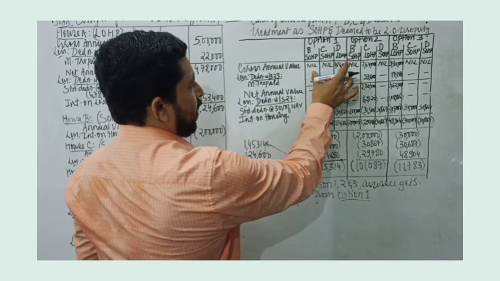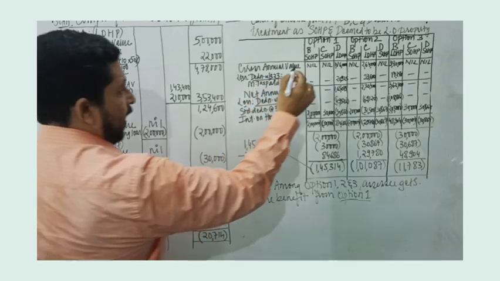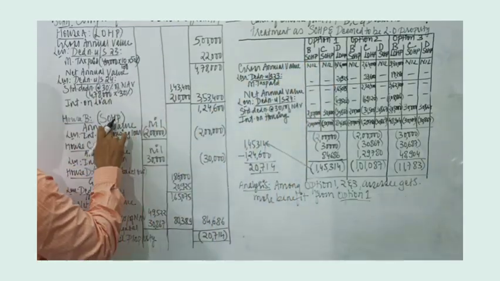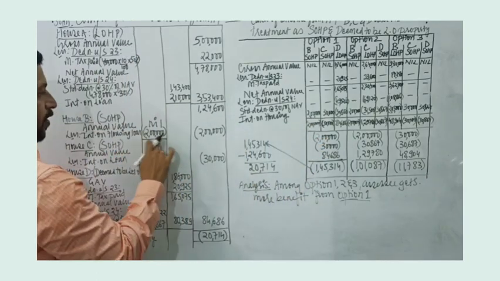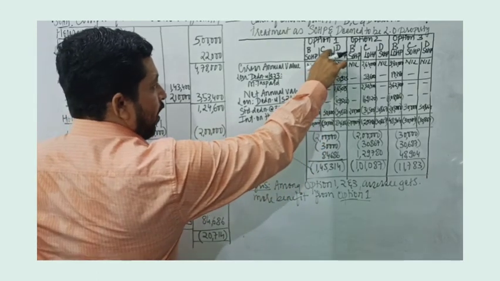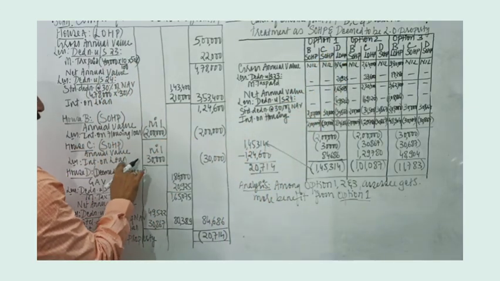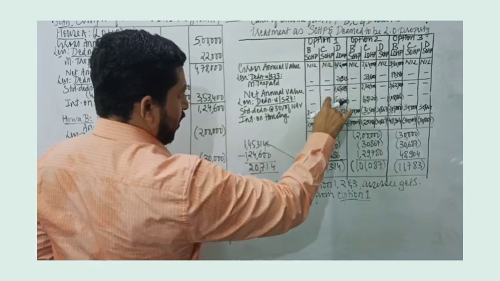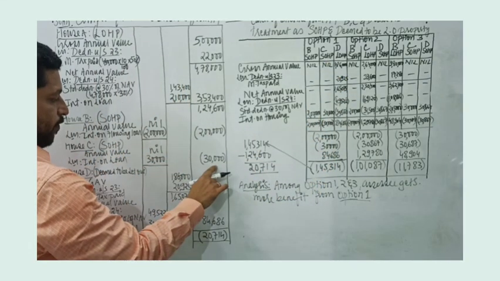So whatever is written in option 1, we are going to replace it here. Treat house B as self-occupied house property, annual value nil, interest on housing loan is 2 lakh rupees, so you get a negative value of 2 lakh rupees. Again, house C is a self-occupied house property, annual value is nil, interest on loan borrowed for repair, max deduction 30,000, so you get minus 30,000.